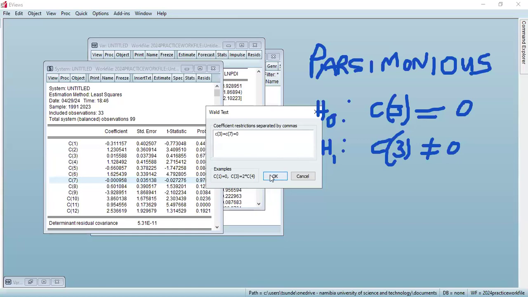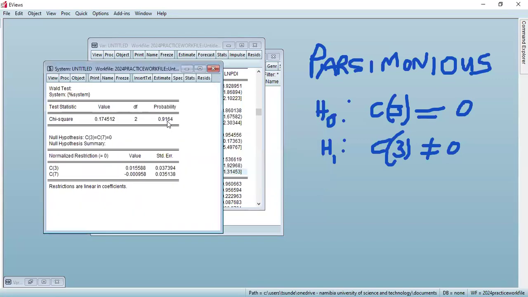If the probability is not less than 5%, then these variables are truly redundant. They are not significant in explaining the dependent variable, so they are redundant, which means we can drop them from the equations.